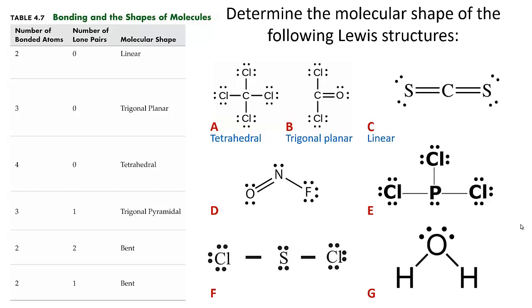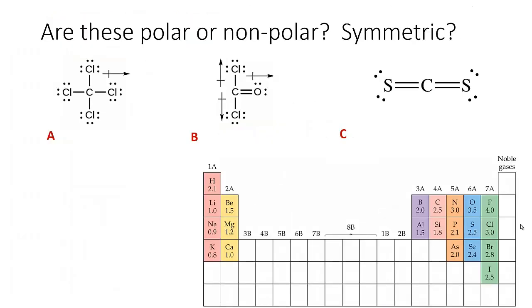So that's 2 bonded atoms and 1 lone pair, so it's bent. For E, you have 3 atoms around it and 1 lone pair, so it's trigonal pyramidal. For F, you have 2 atoms around it and 2 lone pairs, so it's bent. And then for water, which you'll see a ton, you have 2 atoms around the oxygen plus 2 lone pairs, so it's bent.